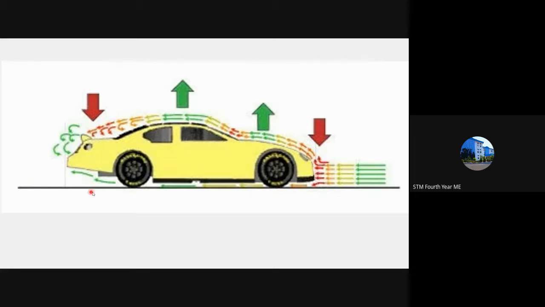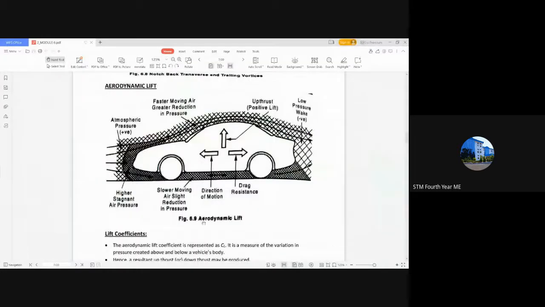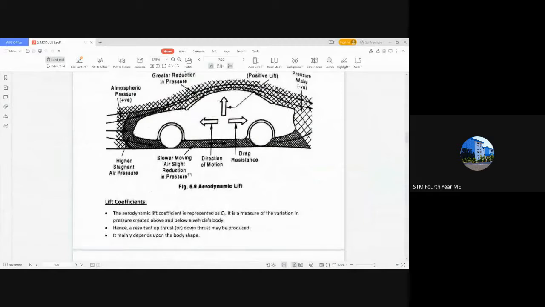Additionally, a positive lift at the rear helps in maintaining the weight at the front of the vehicle, thereby reducing the lift of the vehicle. So that is how aerodynamic lift occurs.